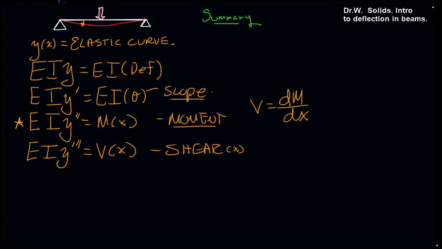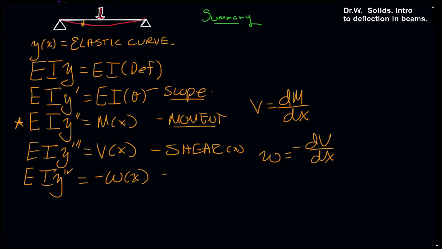And also recall from our V and M discussions that the distributed load curve was equal to negative dV/dx. So taking the derivative one more time, EI y to the 4th derivative, we would get negative w as a function of x, which is the distributed load value.